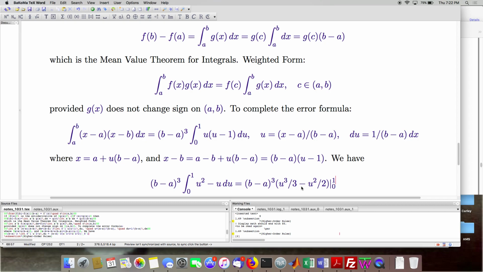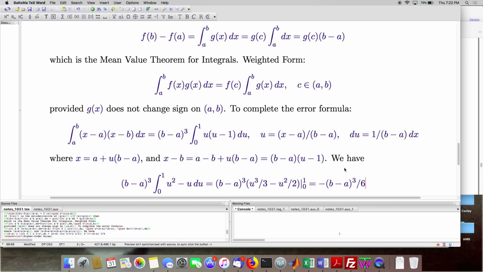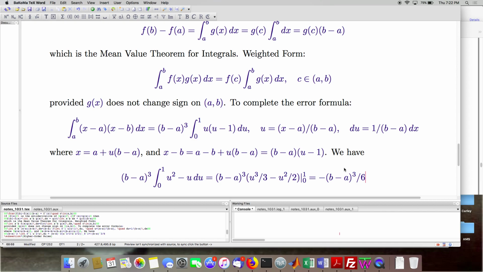And that's why I did all this. I don't want to plug in b and a and do all that simplifying. So I have 1/3 minus 1/2, which is equal to minus 1/6. So that is equal to minus b minus a cubed over 6. Okay, so that part is done.